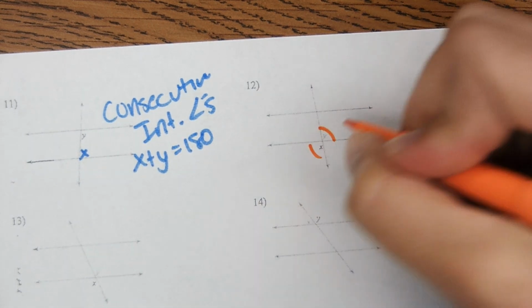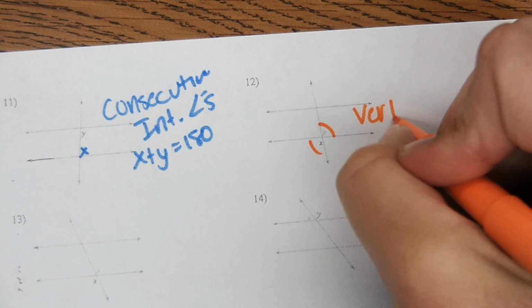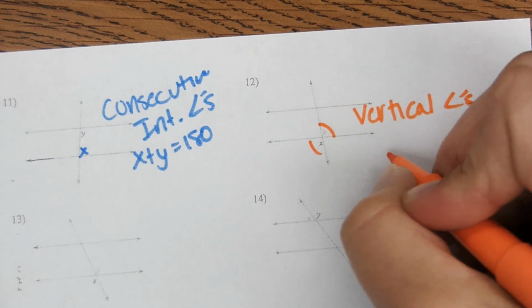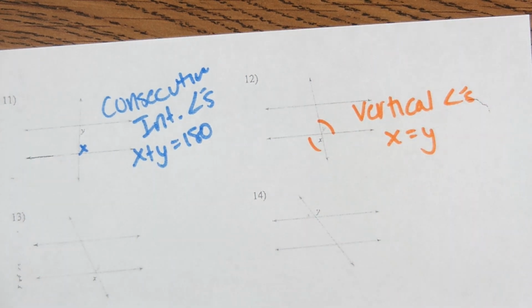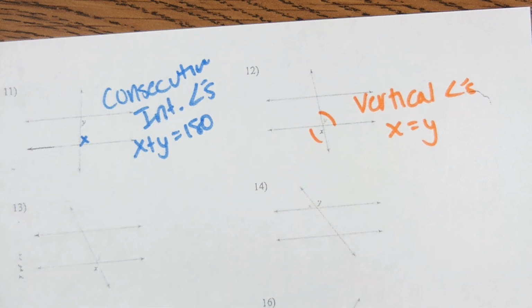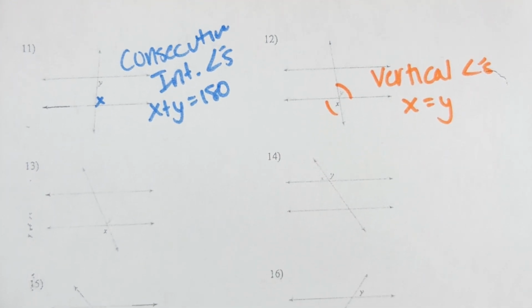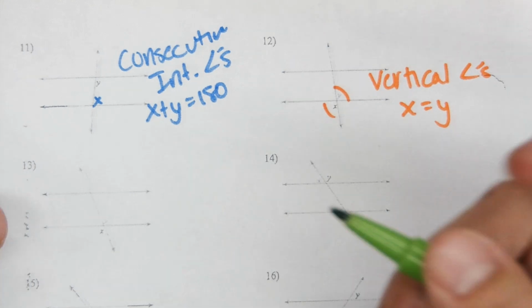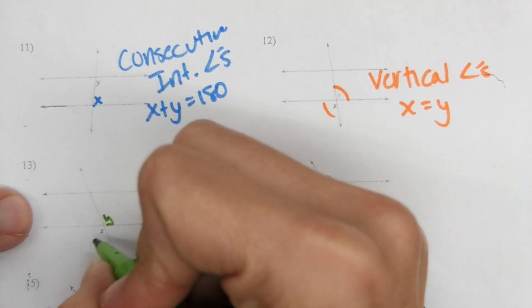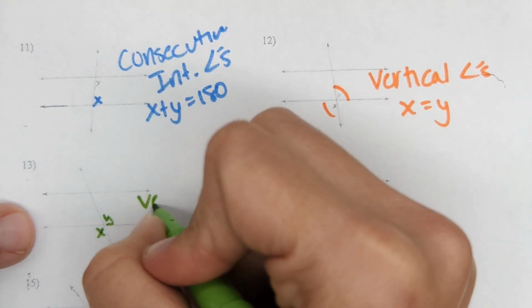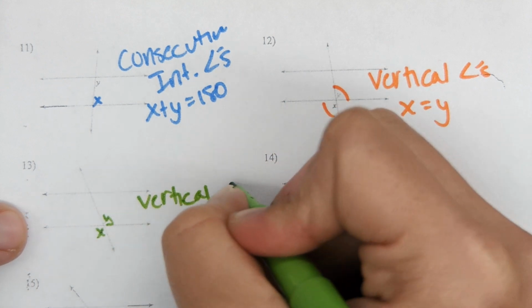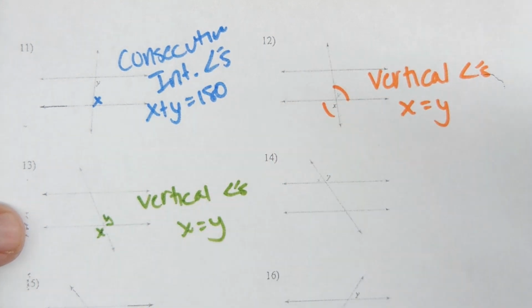And then x and y are vertical angles. X equals y. And then 13, there's a little y right here, x, they're vertical angles, they're equal, x equals y.